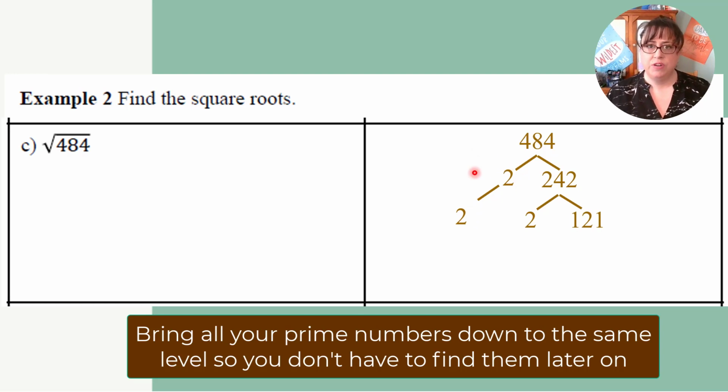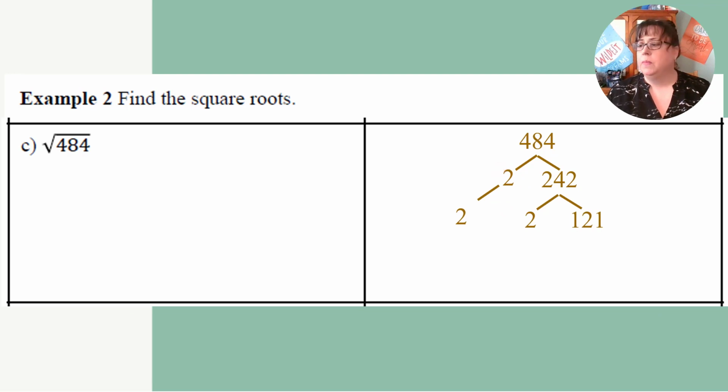Remember, in a factor tree, you're doing everything down to prime numbers. So I'm taking this right here down to this prime number. So now I'm looking at my 121. Well, what do I know 121 is divisible by? Aha, this one I know. I know that this is 11 times 11. So I'm going to do that. And then I'm going to bring these down as well.